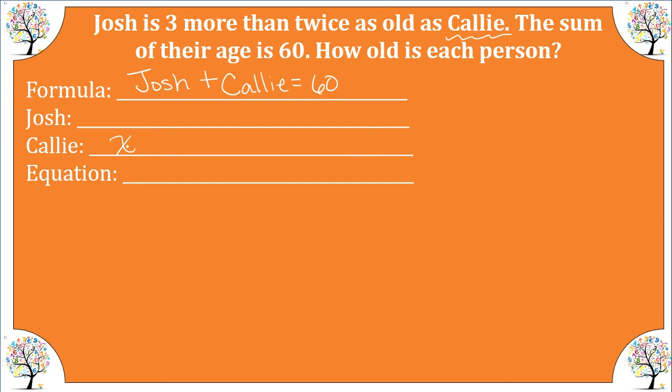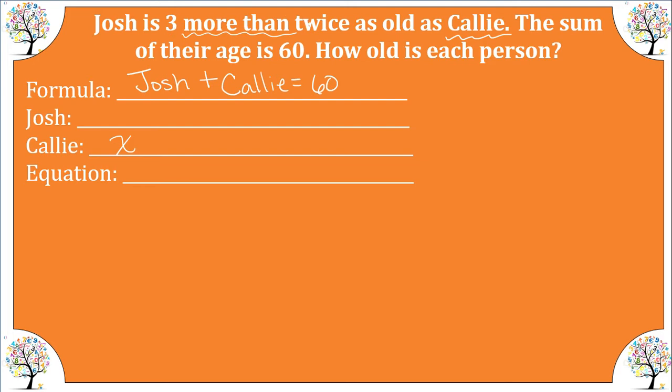And now let's take this variable X and create an expression to represent how old Josh is. Callie is X. Josh is 3 more than twice as old as Callie. Now remember, anytime we use the phrase more than, less than, younger than, older than, we need to flip-flop the order in which we see it in the sentence when we write it as an expression.